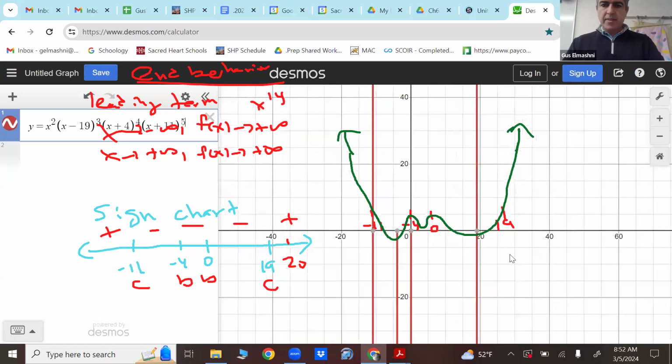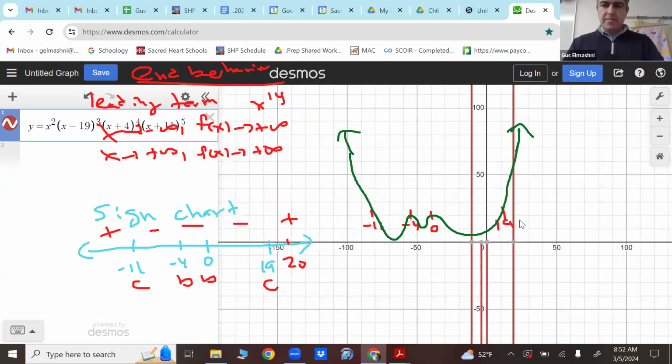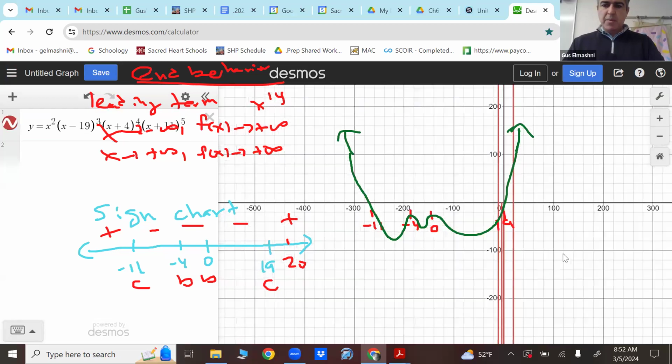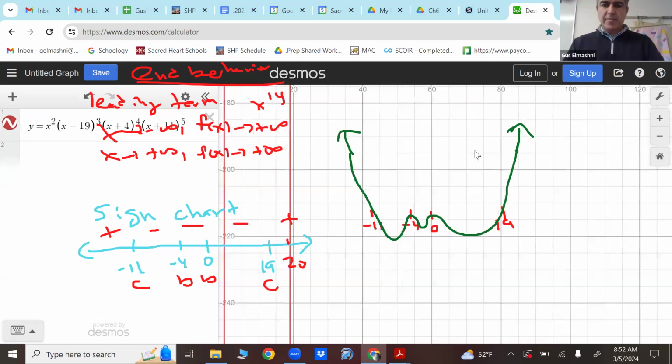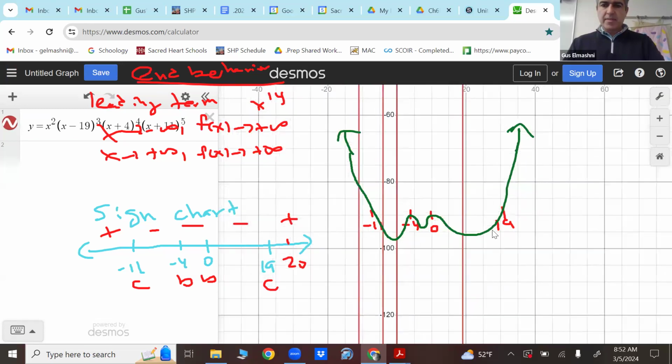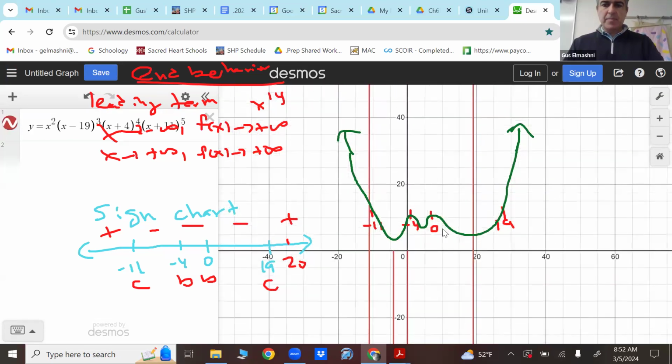Yeah, there we go. You can see those low points are really hard to read. They get really low, but you get the general idea. Yeah, so anyway, there we go.